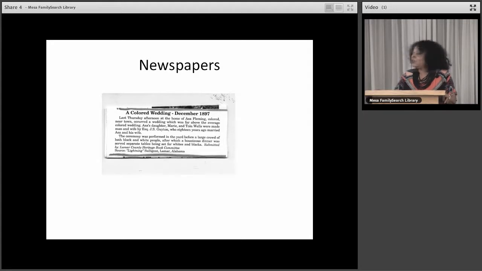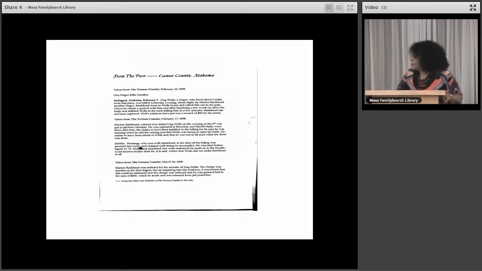The ceremony was performed in the yard before a large crowd of both black and white, after which a bounteous dinner was served, separate tables being set for whites and blacks. This is from 1897. This is from newspaper articles from 1898.